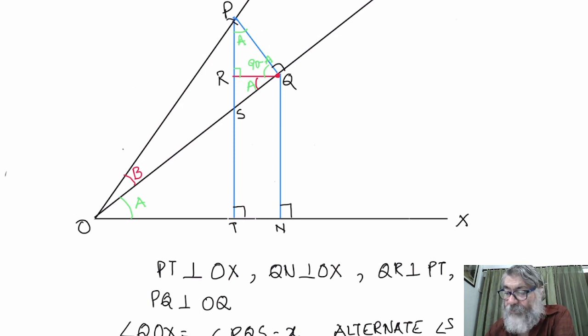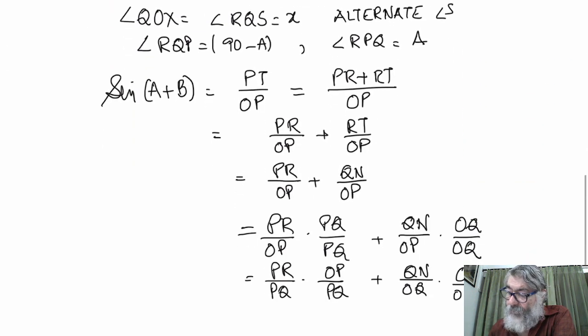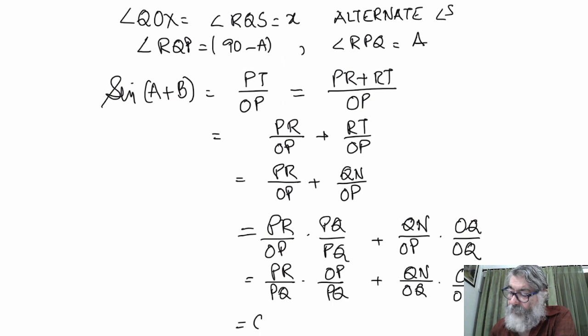For this small triangle PRQ, PR is the base and PQ is the hypotenuse. So base upon hypotenuse is cos theta. It will become cos A, as this angle is A. So it will become cos of angle A.